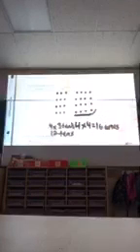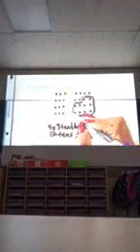So hopefully they're able to look into the ones place and notice that they can compose a 10. That just looks like circling 10 of these little dots here. So 8, 9, 10. And now with these 10 ones, I know that that would equal 1 ten.